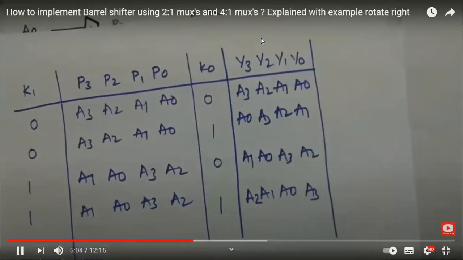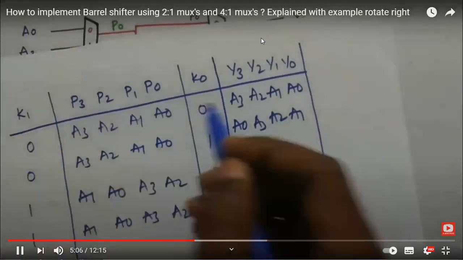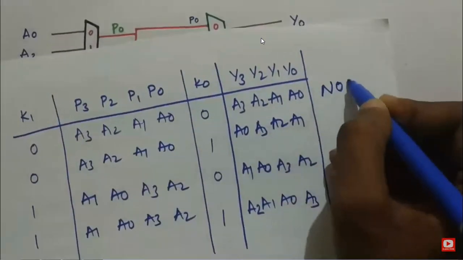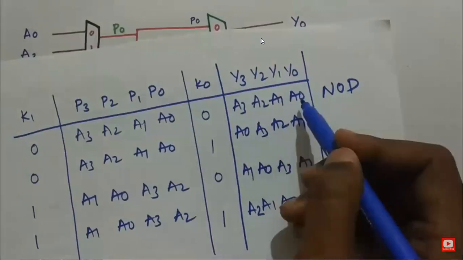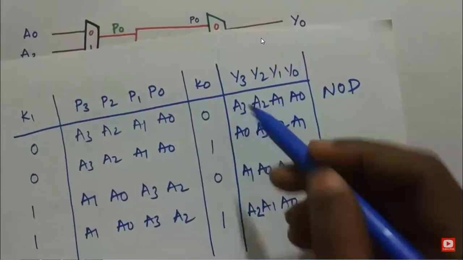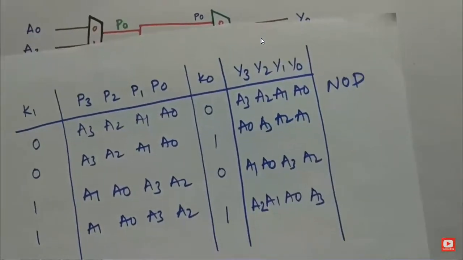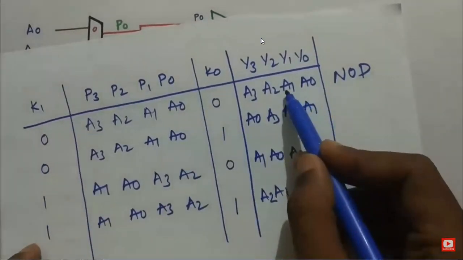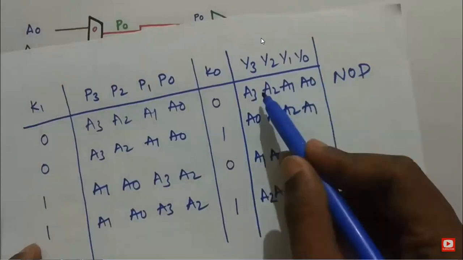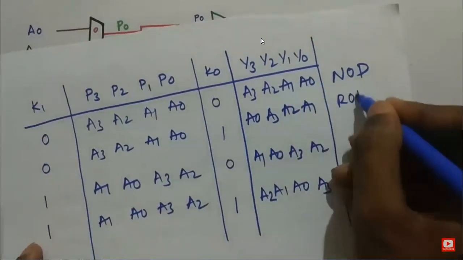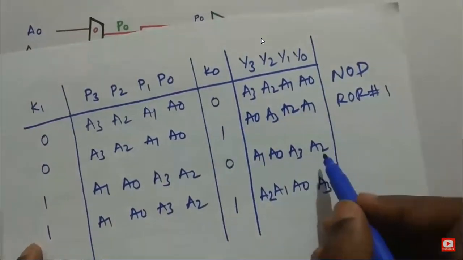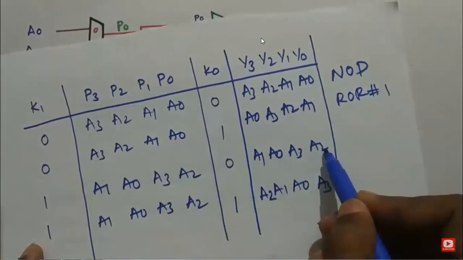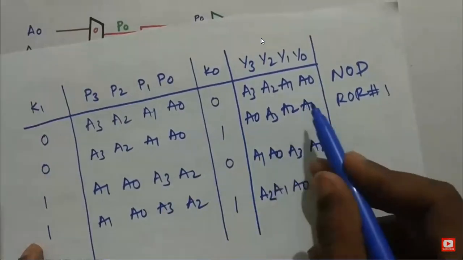So now let us look at the operations performed when K1 and K0 are 0. That is, no operation is performed, no shift is performed. Whatever the input is, A0, A1, A2 and A3 are perfectly aligned. Now if K1 is 0 and K0 is 1, as you can see, A1 is shifted right and A0 is rotated. So this operation is rotate right by 1. Again, A2 is being shifted over here by 2 bits and A0 and A1 are rotated.